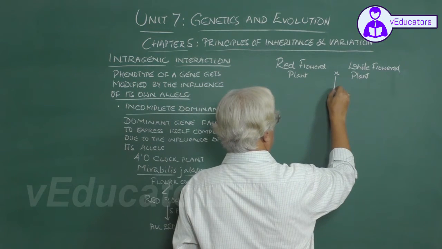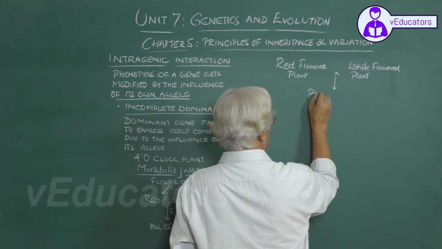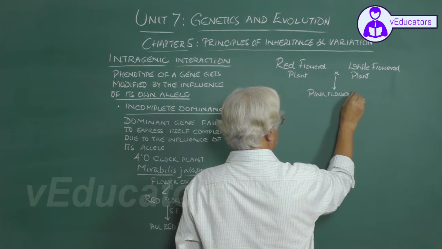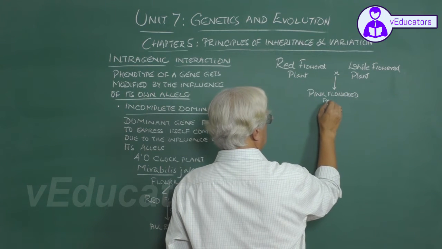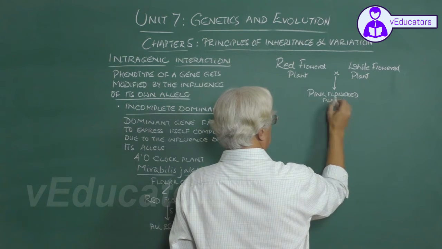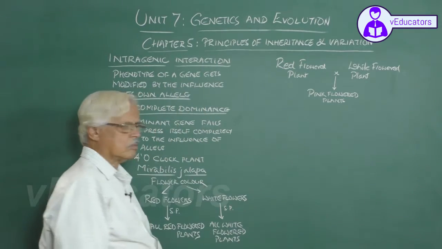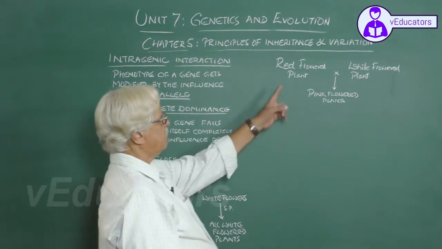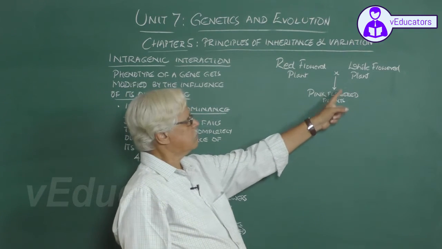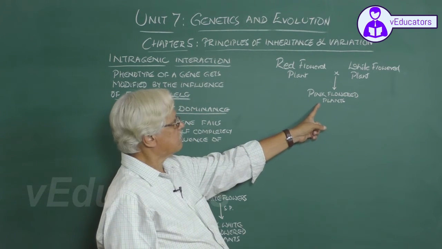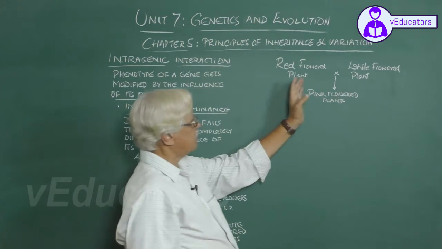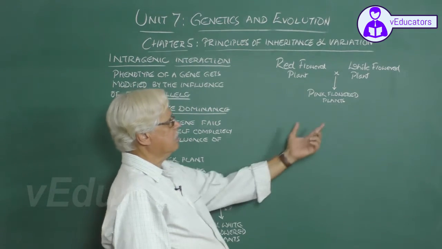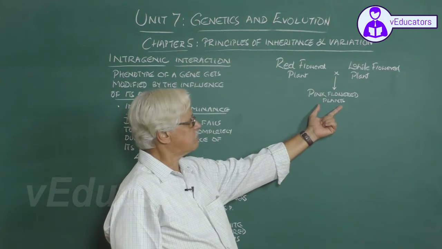Surprisingly, in the next generation, all the resulting plants were pink flowered plants. If red was dominant over white, it should have been red flowered plants. If white was dominant over red, it should have been white flowered plants. But interestingly, there were pink flowered plants.